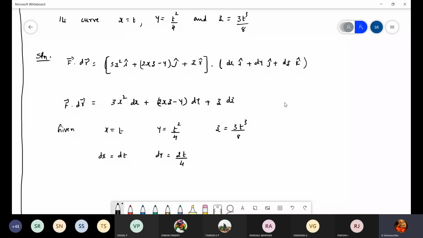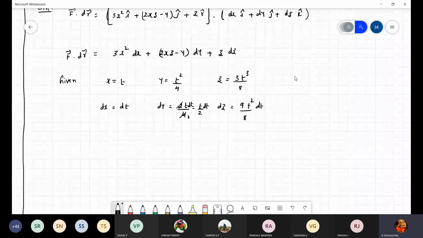Dz is 3t square, no? 3 3s are 9, 9t square by 8. Sorry, dy is 2t dt by 4, so t into dt by 2, and dz is also into dt. Therefore, what happens to F dot dr?